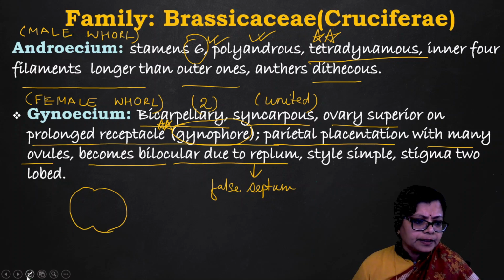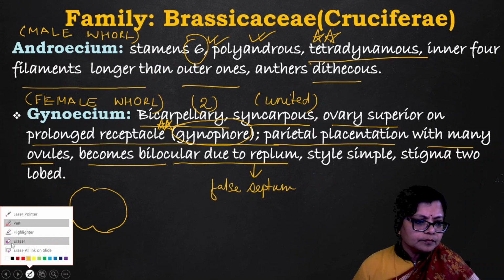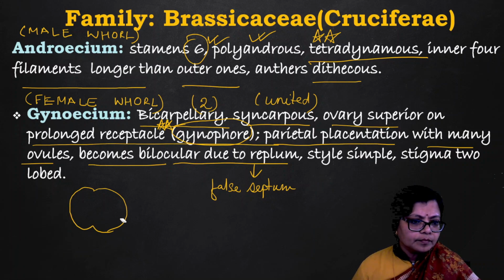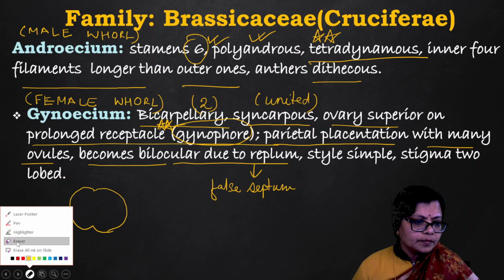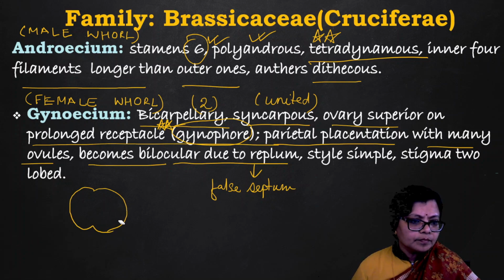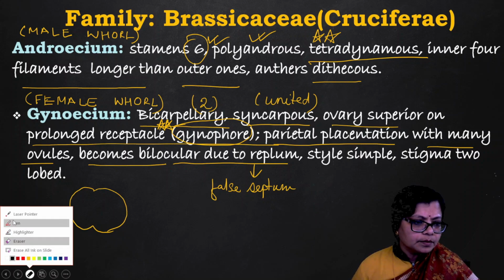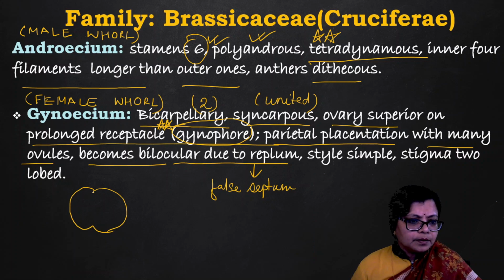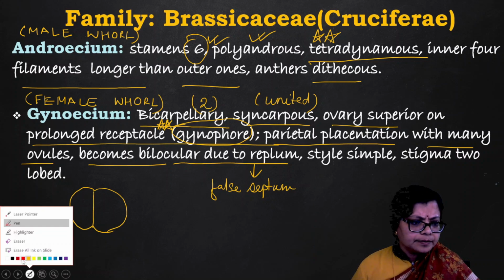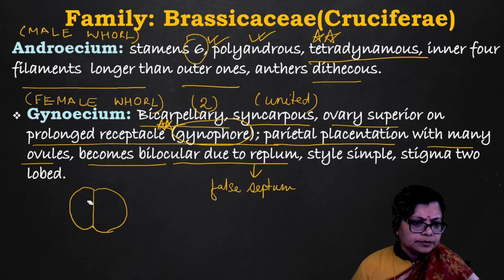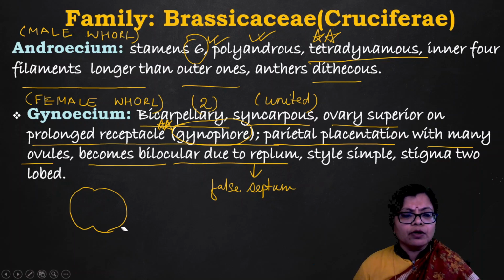These two initially remained joined, then again due to dissolution it becomes unilocular but bilobed.